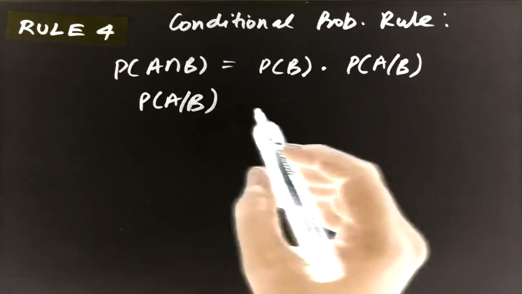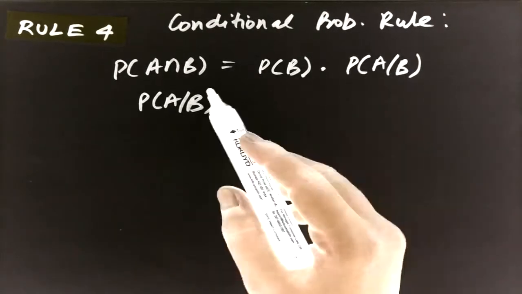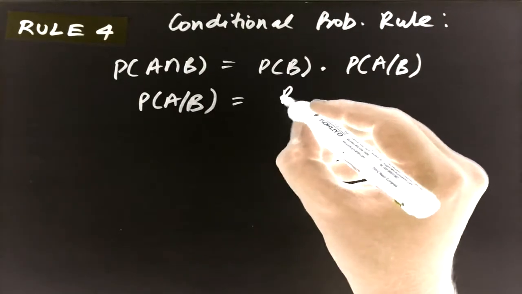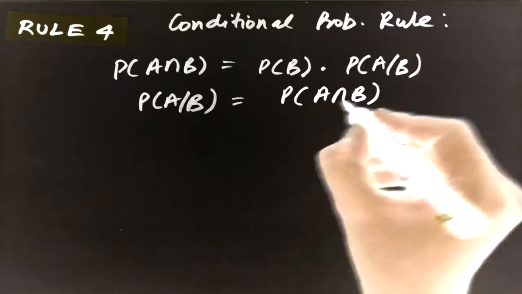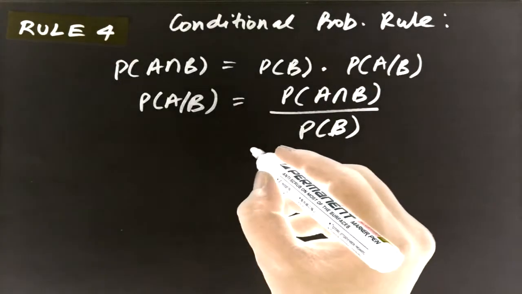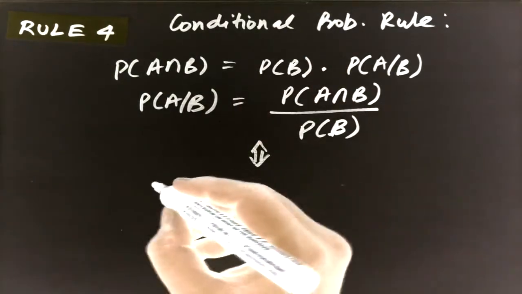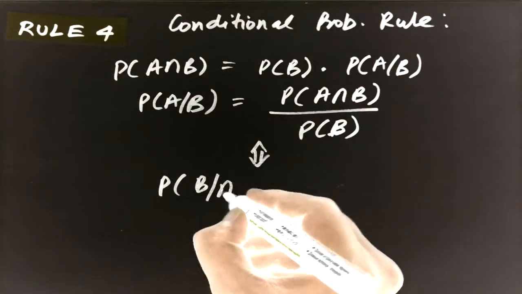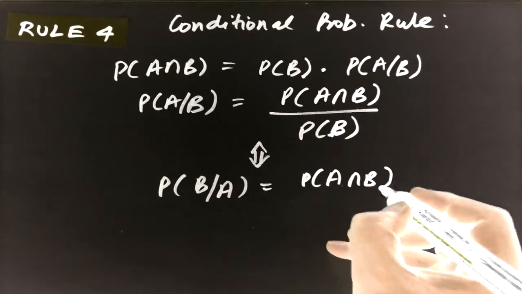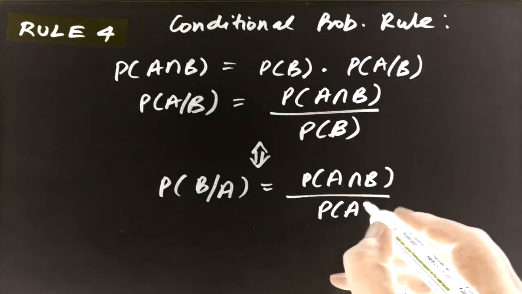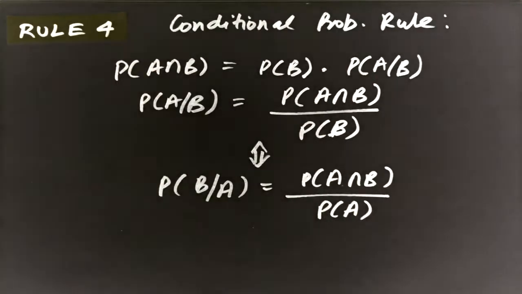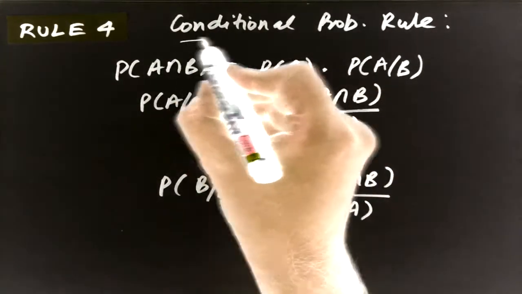We can also find that from this equation only, probability of A when B is completed can be written as probability of A intersection B divided by probability of B. Similarly, we can also get the formula for B upon A, that is, this time this will be A. This is rule number 4, conditional probability rule.